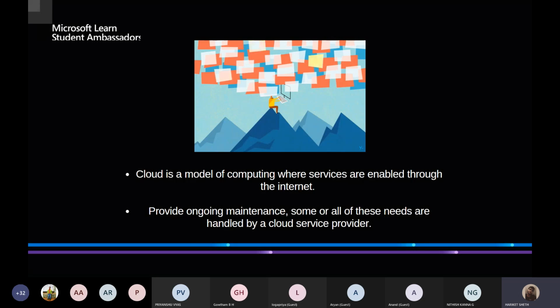In simple words, cloud is simply a model of computing where servers, network, storage, and development tools are all mixed together and provided in one single platform. You can say it as cloud, and it provides you ongoing maintenance. Some or all of these needs are handled by the cloud service provider. I think I have a diagram.